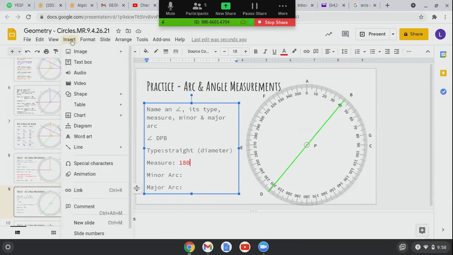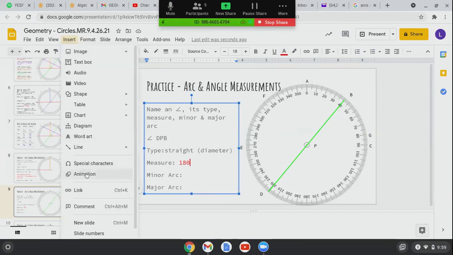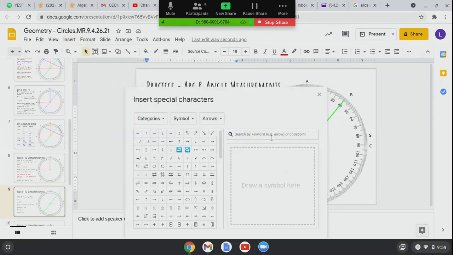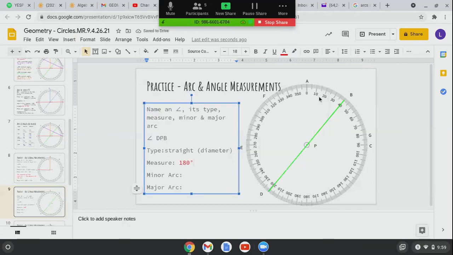So since it's a semicircle, you can go up top or down the bottom.